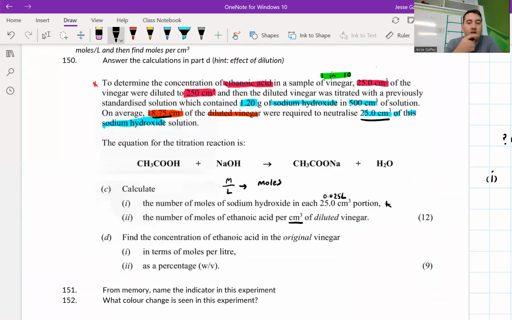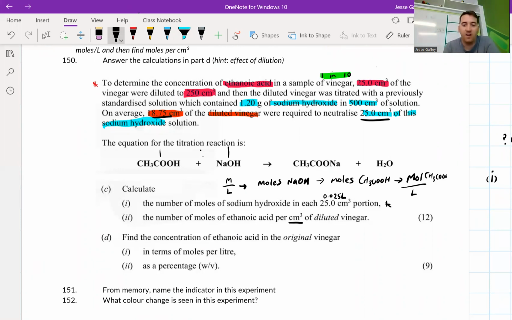So let's work out what we want to do. We've got moles of NaOH, we've just worked that out. We can use our equation, 1-to-1 ratio, to work out our moles of CH3COOH. We can then go and work out our molarity, moles per liter of CH3COOH.